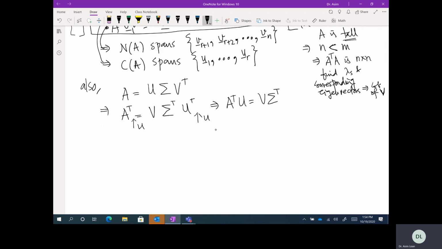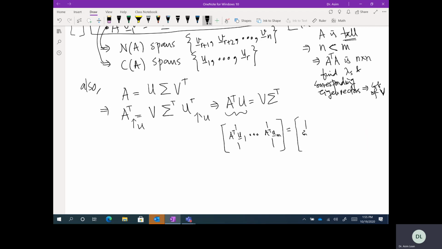So this one, A transpose U, is going to give me A transpose U1 up to A transpose UM, because there are M of these, and this is equal to V times sigma transpose. When I do sigma transpose, I still have R non-zero values.